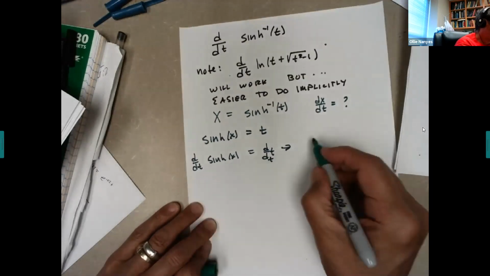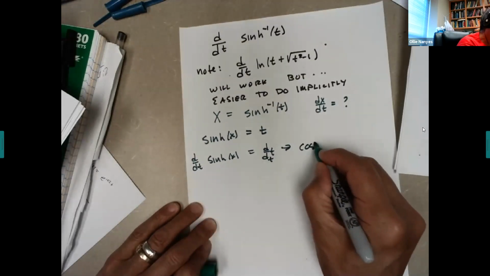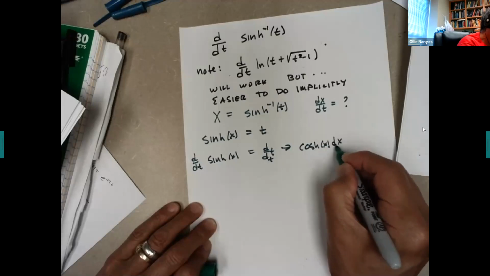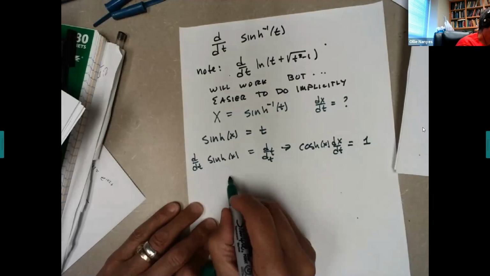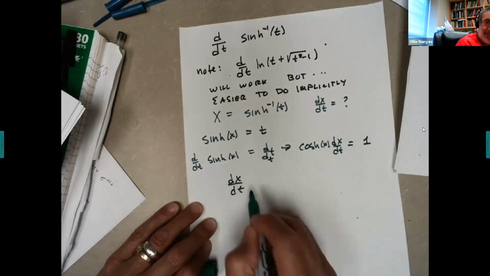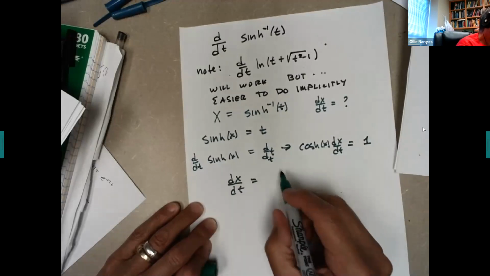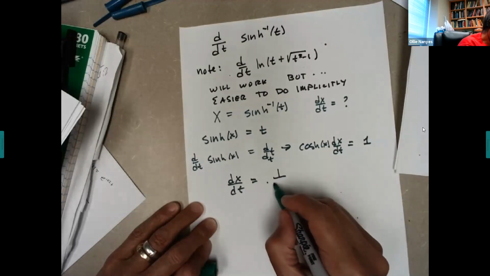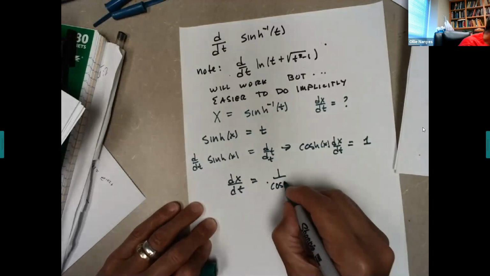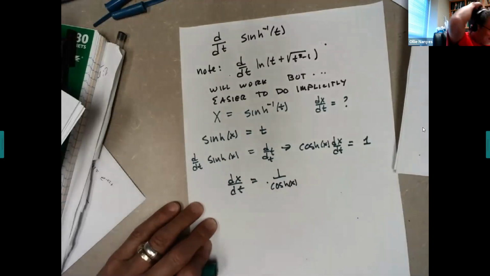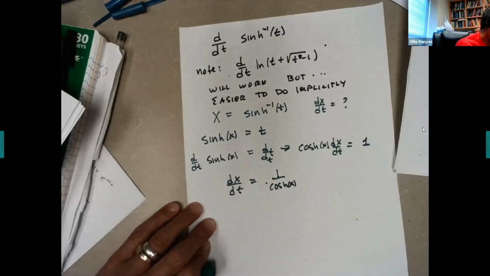Well, this is going to be hyperbolic cosine of x. By the chain rule, we get a dx dt. On the right, we get a 1. So our dx dt is 1 over hyperbolic cosine of x. Right, so we got that.